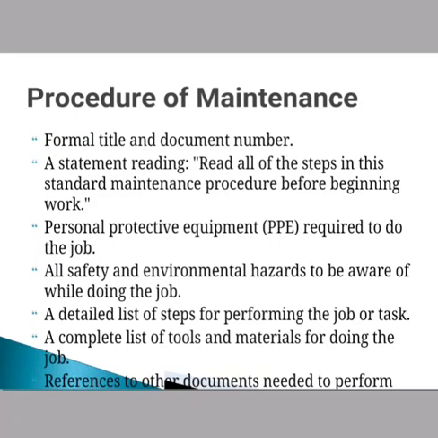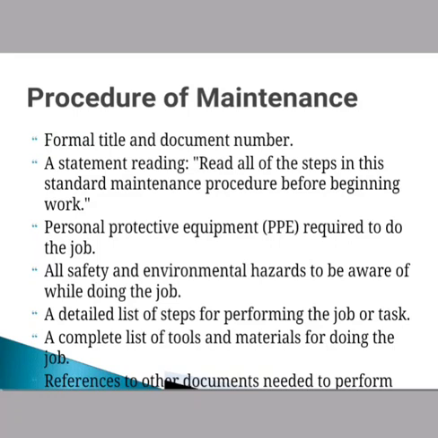Before starting the maintenance work, we have to use the personal protective equipment required to do the job. It is very important to protect yourself from the hazards. We must be aware of all safety and environmental hazards while doing the job. It will be very important.